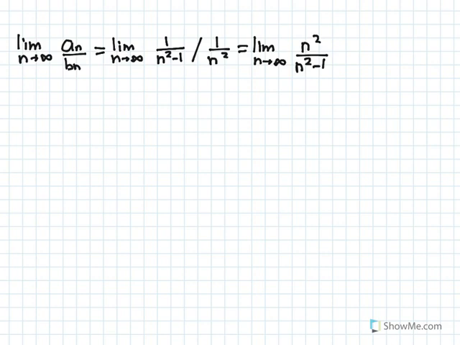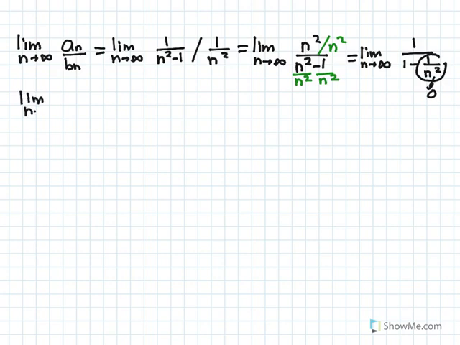Let's divide the numerator and denominator by n squared, and we get the limit of 1 divided by 1 minus 1 over n squared. Now 1 over n squared approaches 0 as n approaches infinity, so the result is 1.